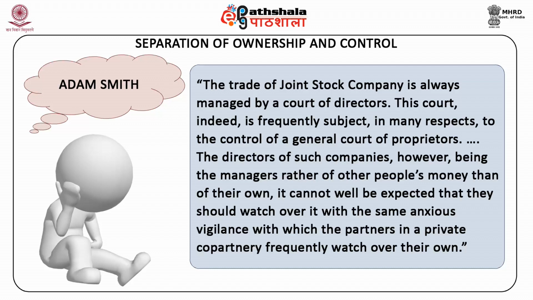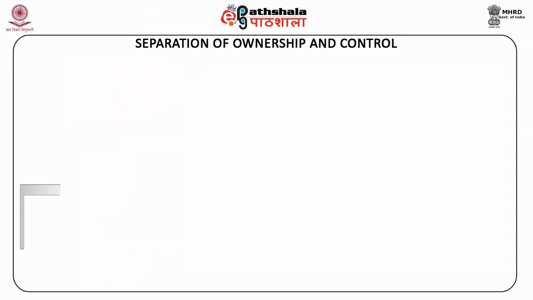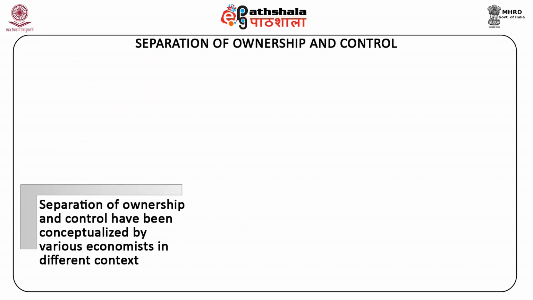The directors of such companies, however, being the managers rather of other people's money than of their own, it cannot well be expected that they should watch over it with the same anxious vigilance with which the partners in a private copartnery frequently watch over their own. Since then, the separation of ownership and control has been conceptualized by various economists in different contexts.